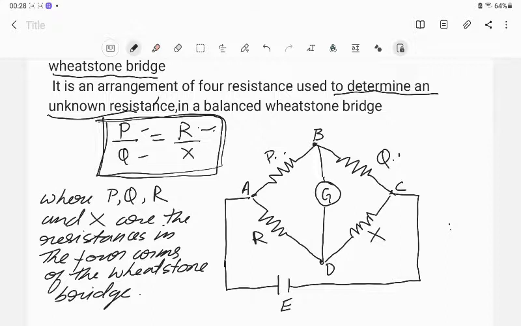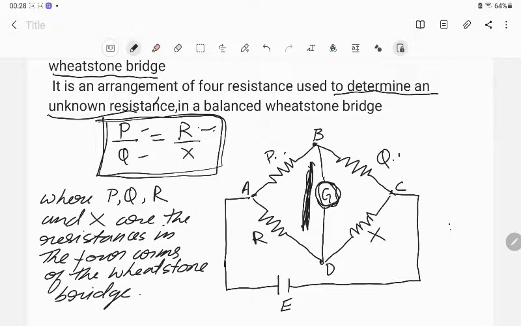When we say balance point, it means the current in this G is zero. G is the galvanometer. When the bridge is balanced, at that time in this section the current will be 0.